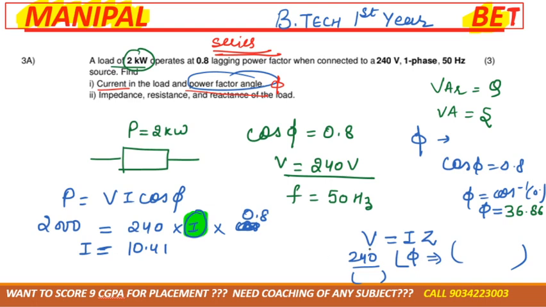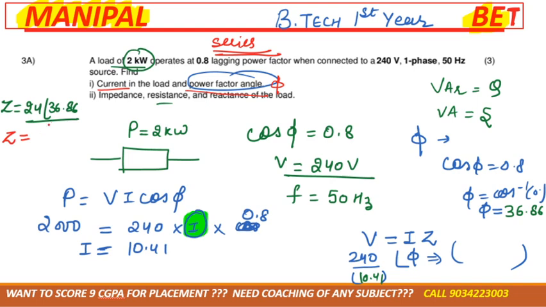So after solving we'll get Z as 240 by the current, which will be 24. So Z will be 24 at 0.8 polar angle. To get the value of R and L, we need to convert to rectangular.